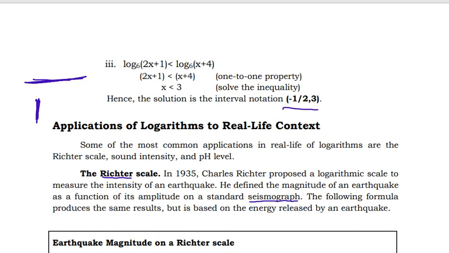Of course, the seismograph, the needle will move, the more energy, it means the higher the amplitude of this wavelength. And the following formula produces the same result. This is the result of finding the magnitude. And this is the formula.